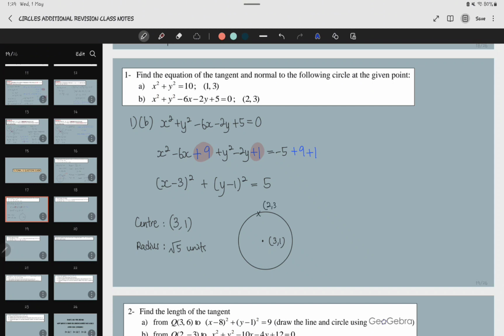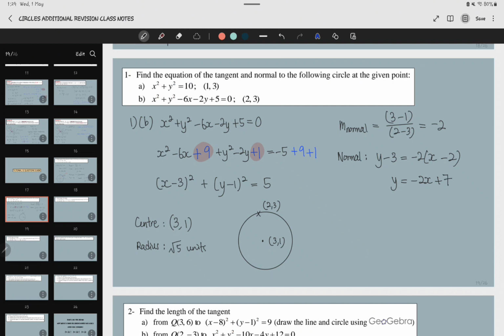So we want to find that gradient. The gradient of the normal would be 3 minus 1 over 2 minus 3, which is negative 2. This is the normal. So your normal would be y minus 3, because you want to pass through that point, right? Negative 2x minus 2. So y equals negative 2x plus 7.